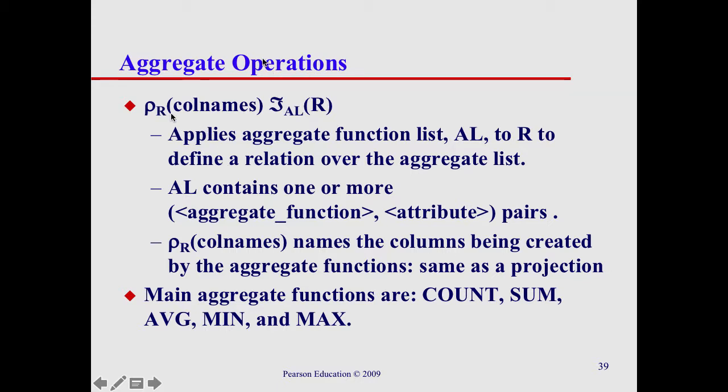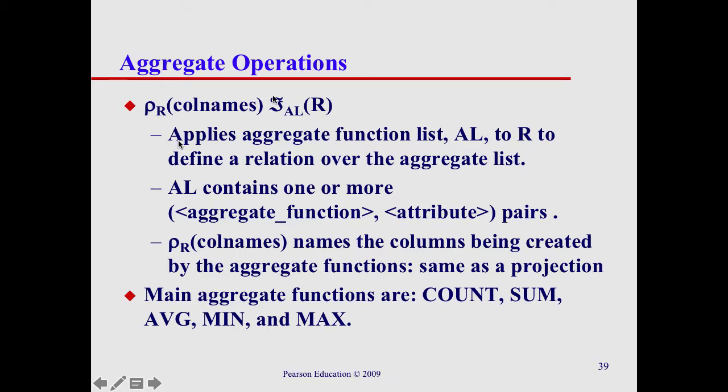So in the relational algebra, there is, again, some notation for aggregate operations, which is just crazy. They just choose these Greek letters, and I have no idea. I guess the P looks like print.